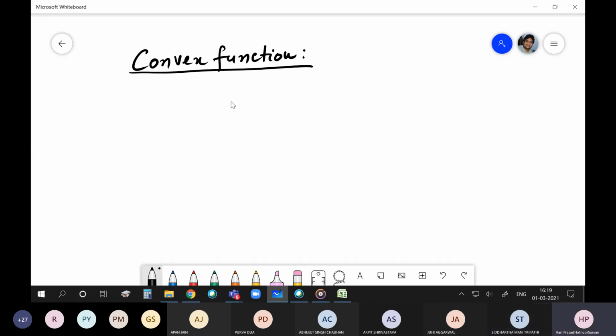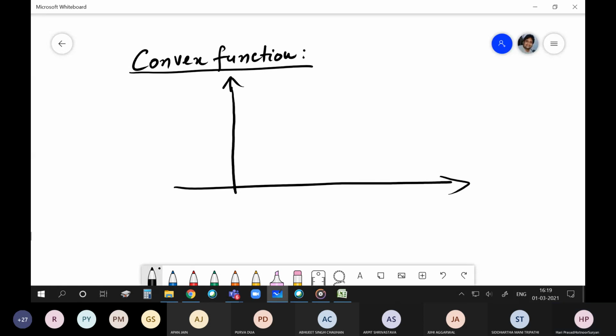A function is said to be a convex function. Let us say I have a function f of x. I plot this function between two extreme values x1 and x2. Let us say this is my function.